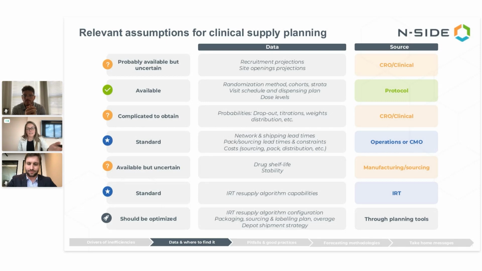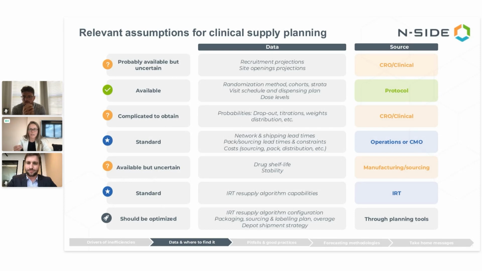Then everything related to the protocol is usually available and set in stone. We know that in reality, it can sometimes vary and have some amendments, but this is quite easy to retrieve. What is more tricky is everything related to recruitment and treatment, which will have an impact on the demand, but is very uncertain and hard to catch.